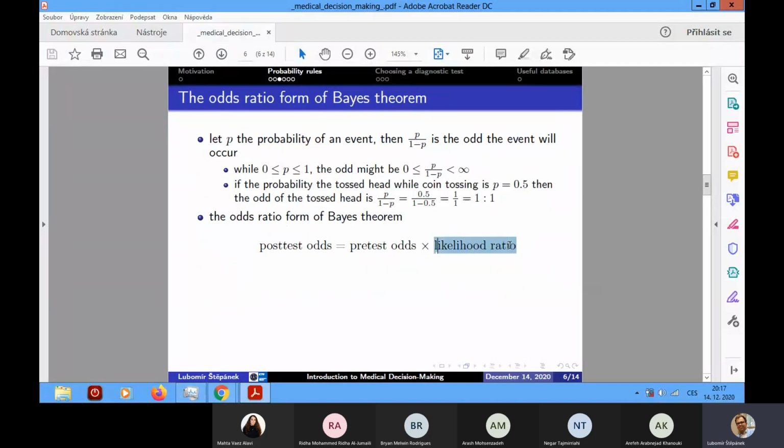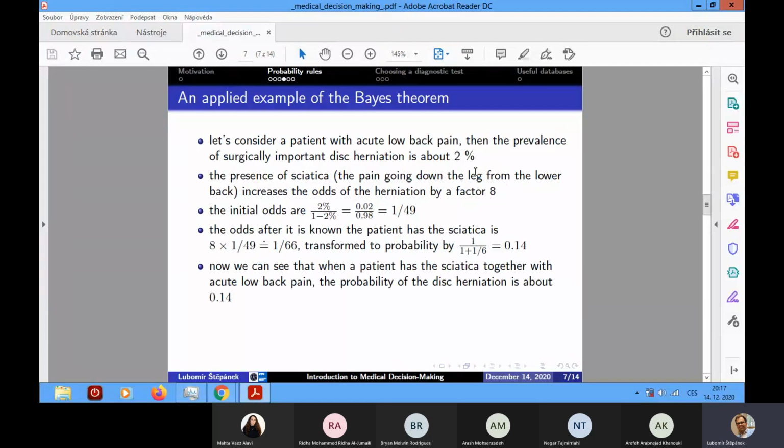We also know the likelihood ratio. As I told you, the likelihood ratio is a number which could be considered as an additive piece of information, a piece of new information. And the new piece of information for us was that the patient also got, besides the acute low back pain, the sciatica, the radiating pain, just the propagating pain.